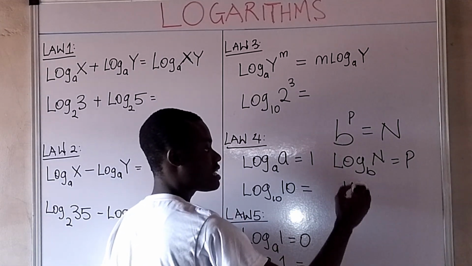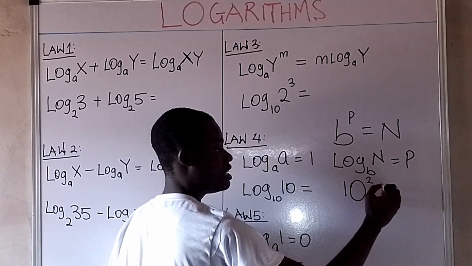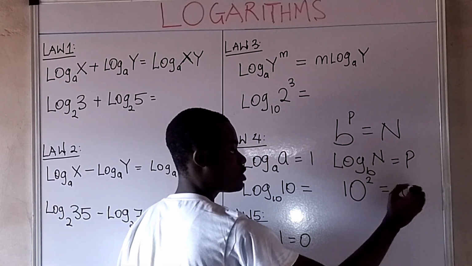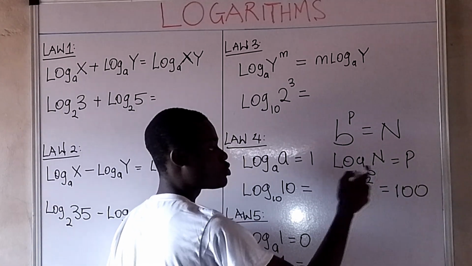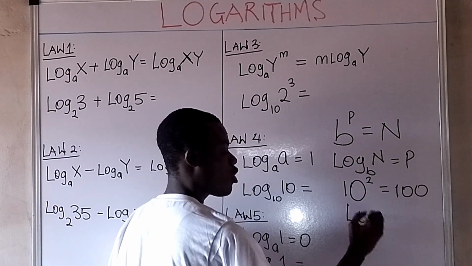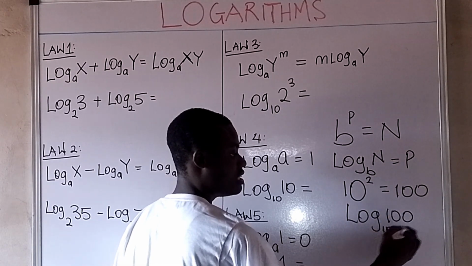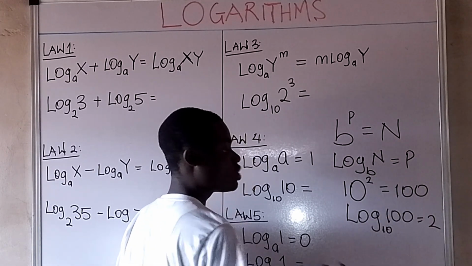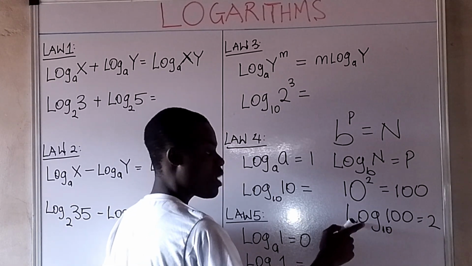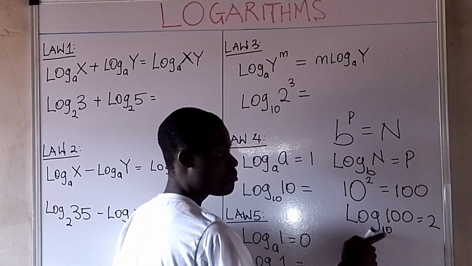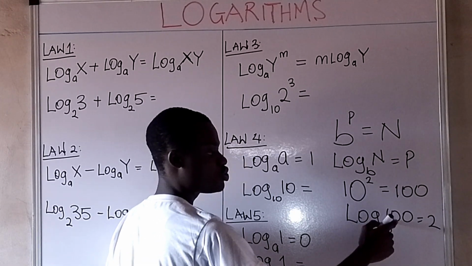Let's say we have 10 raised to the power of 2 is equal to 100. In logarithm, I'm going to write this as log 100 to the base of 10 is equal to 2. So it simply means what is the power to which 10 must be raised to give us 100, and that power is 2.